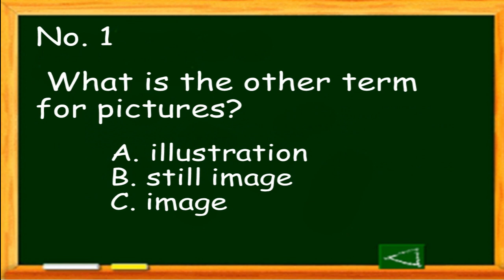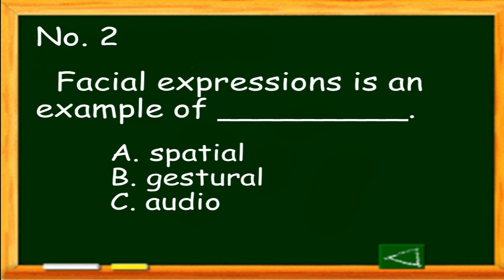Number 1. What is the other term for pictures? A. Illustration. B. Still image. C. Image. Number 2. Facial expressions is an example of A. Spatial.